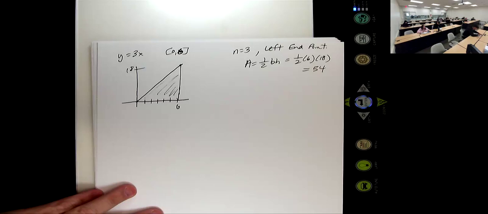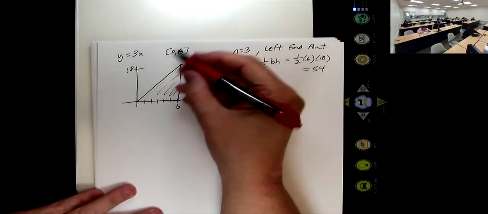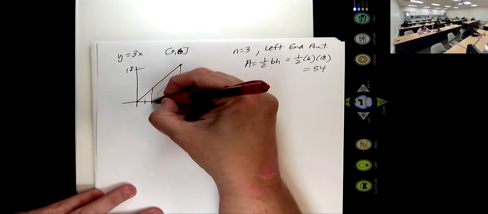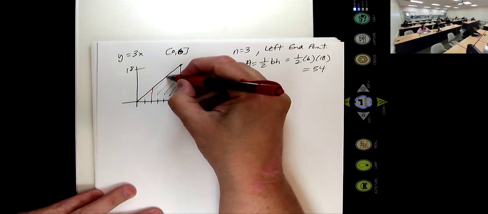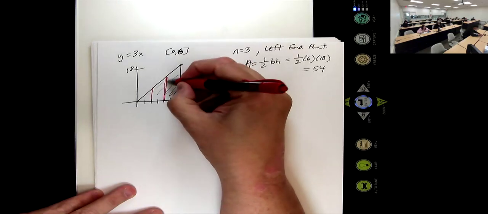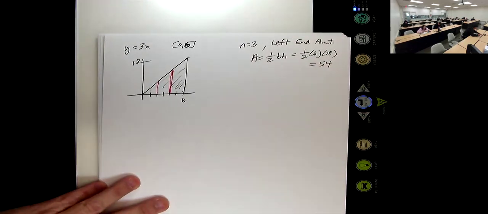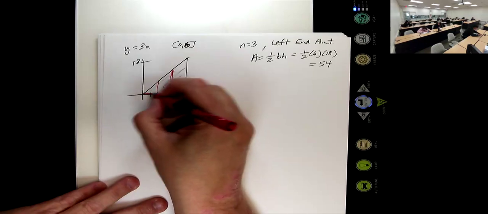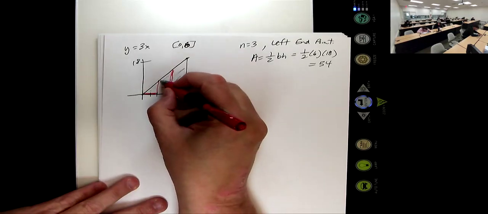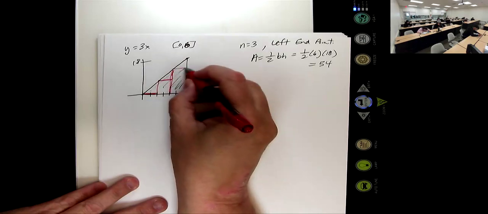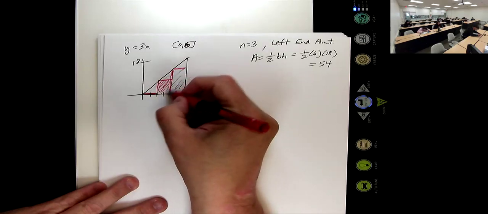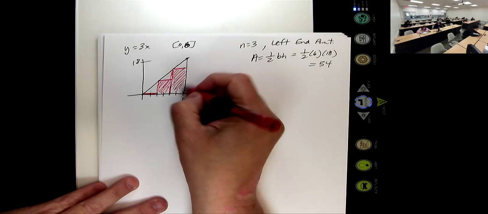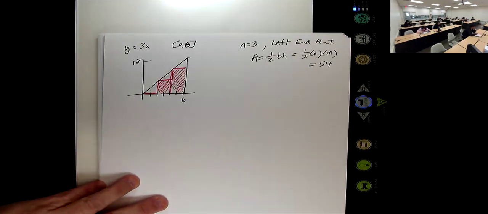If I break this up into 3 rectangles and we're doing the left endpoint, this is the actual area we're getting, so we can see it's gonna be off. I used a small n just so we could show how the formula works.